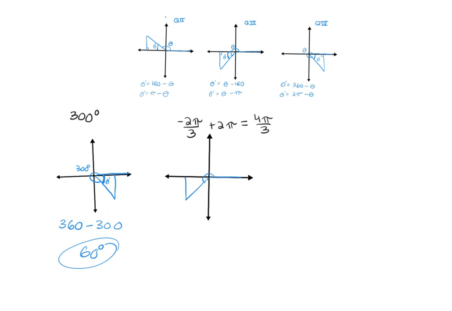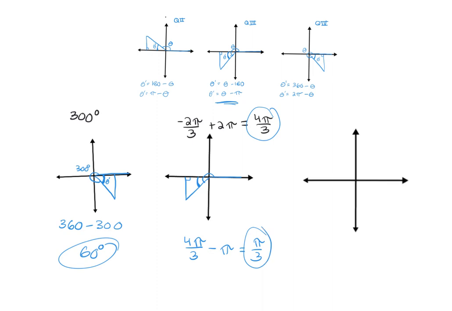So then this reference angle will be here. And if we're in quadrant 3, we're going to follow this rule where we take theta minus pi, using the coterminal angle. So 4 pi over 3 minus pi is equal to pi over 3. So that would be my reference angle.